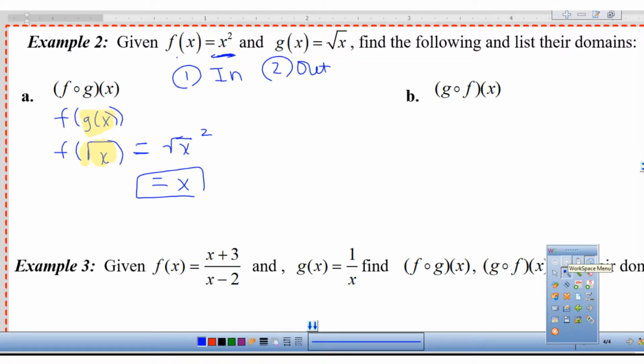So, do I have a fraction with an x on the bottom on what came in? No. Do I have an even root on what came in? Yes. So what do you say about a root? I think a lot of you don't know. If you have an even root, then what's the restriction? Do you say x can't be 0? Is that the proper thing to say? What do I say? It must be greater than or equal to 0. Yes. So that's your domain right there.